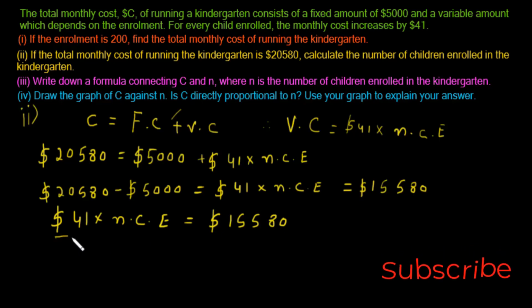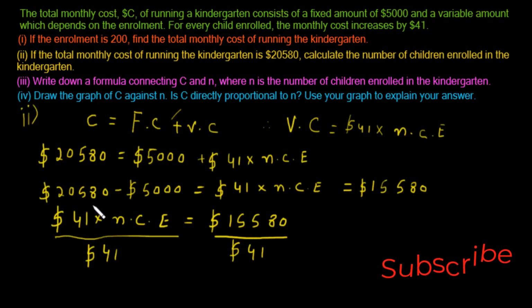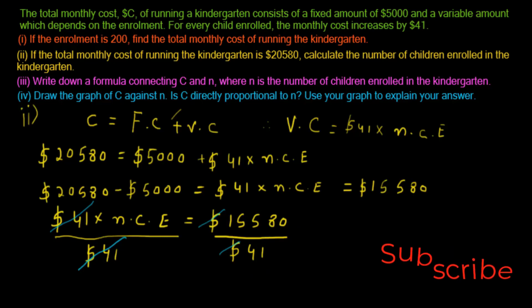As a result, this 41 will cancel with this 41. And when 15,580 is divided by 41, let me use the calculator.